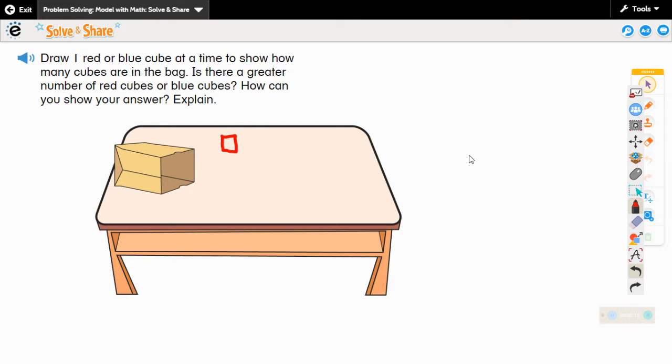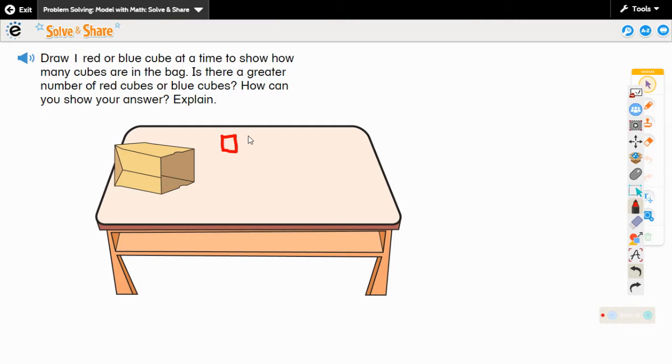So right now, do we have more red squares or more blue squares? Which do we have the greater number of? We have a greater number of red squares, don't we? Because we haven't drawn any blue squares yet. Right now, there were not any blue squares whatsoever in the bag because all we drew was a red square.